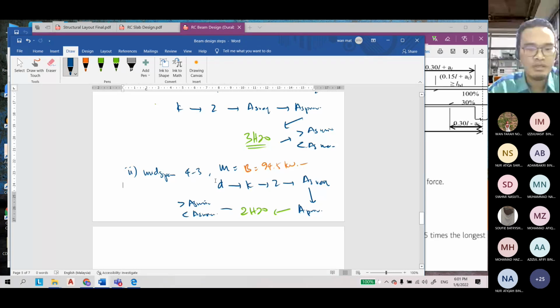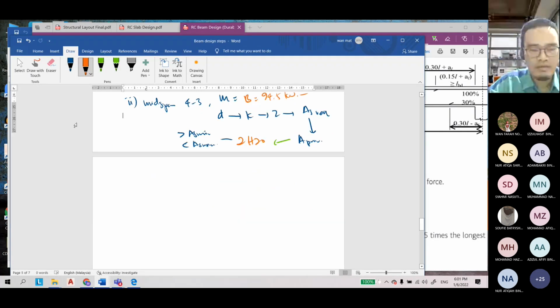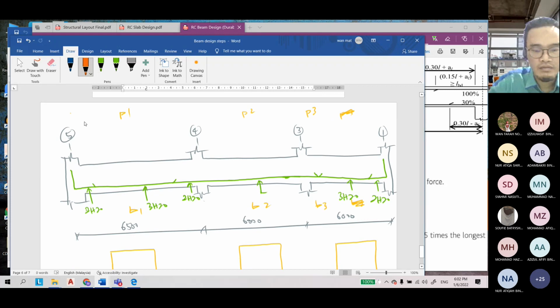So the color is okay. 2H20. So here, let's say here is your 2H20, okay? So 2H20 is here. Sama lah, dia akan bawa lah besi daripada sini sampai sini.